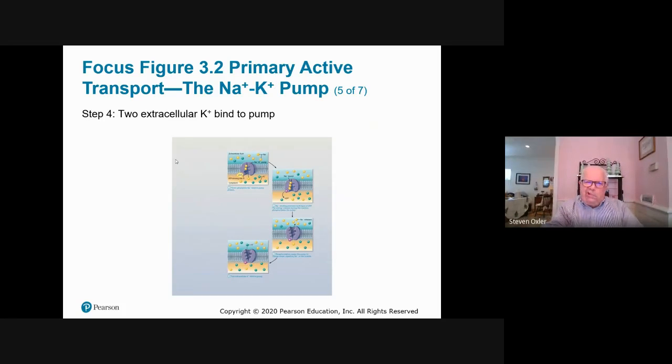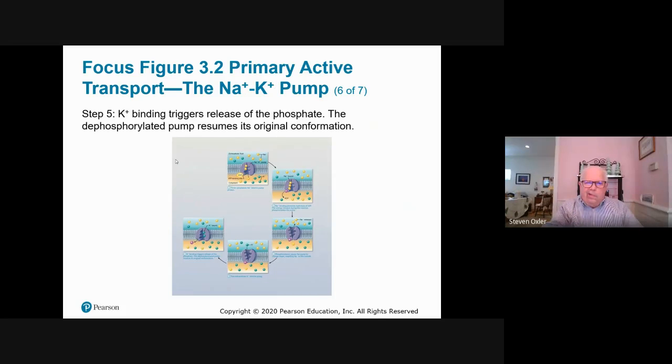The 2 extracellular potassiums bind to the pump. This potassium binding triggers the release of the phosphate. When you lose the phosphate, the pump resumes its original conformation.